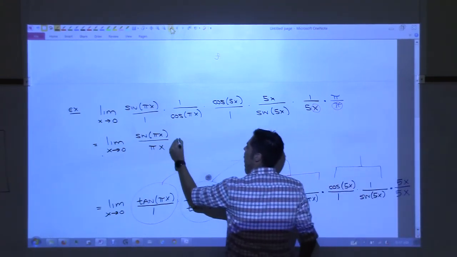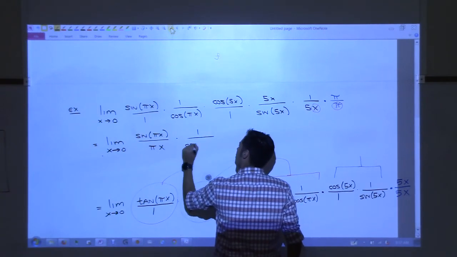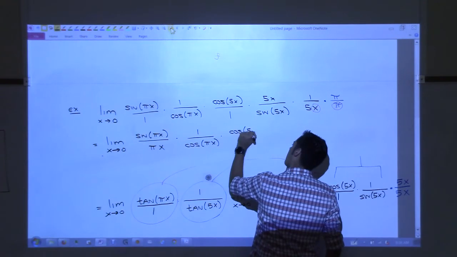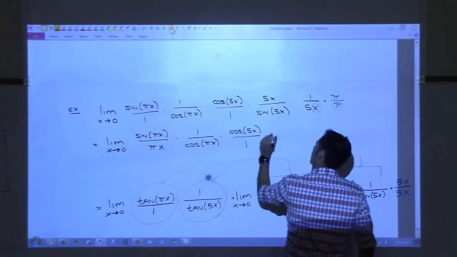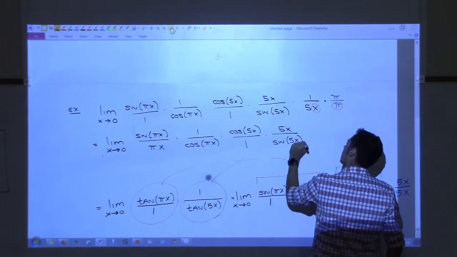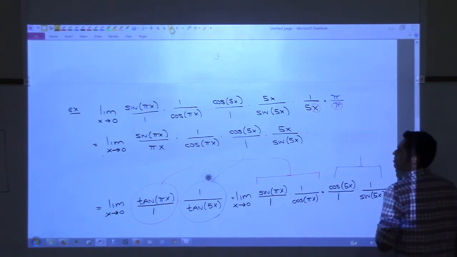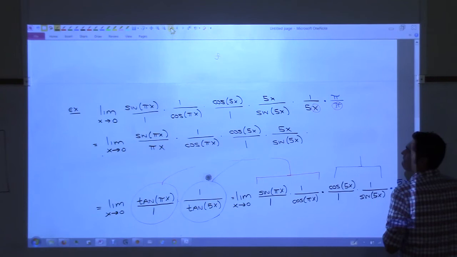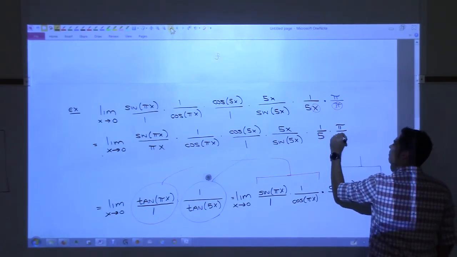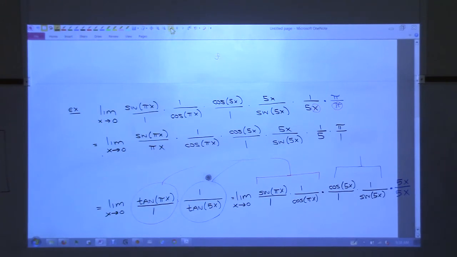Everything else, I just write. Okay, what's my last two pieces here? 1 over 5 and then pi or pi over 1, however you want to write it. All right. Isn't that clever?